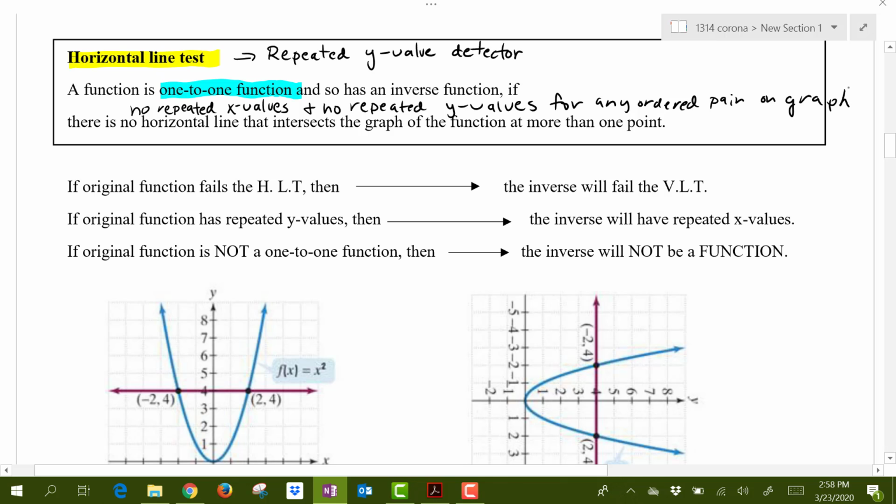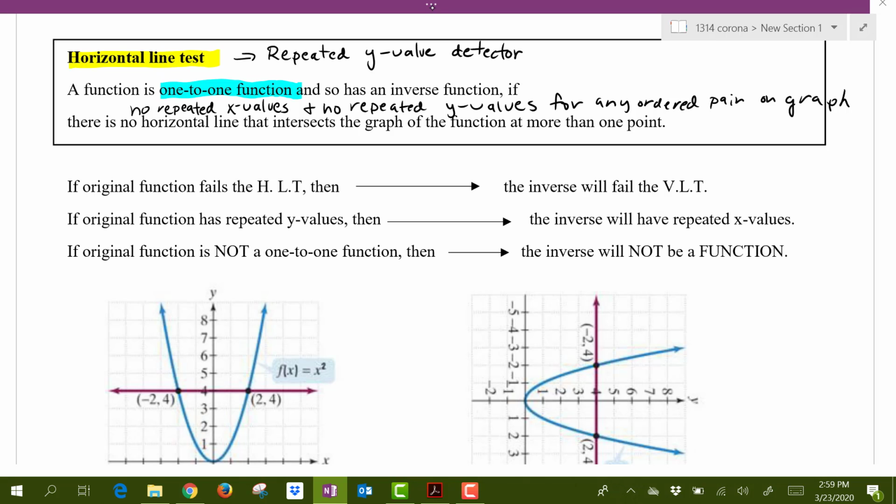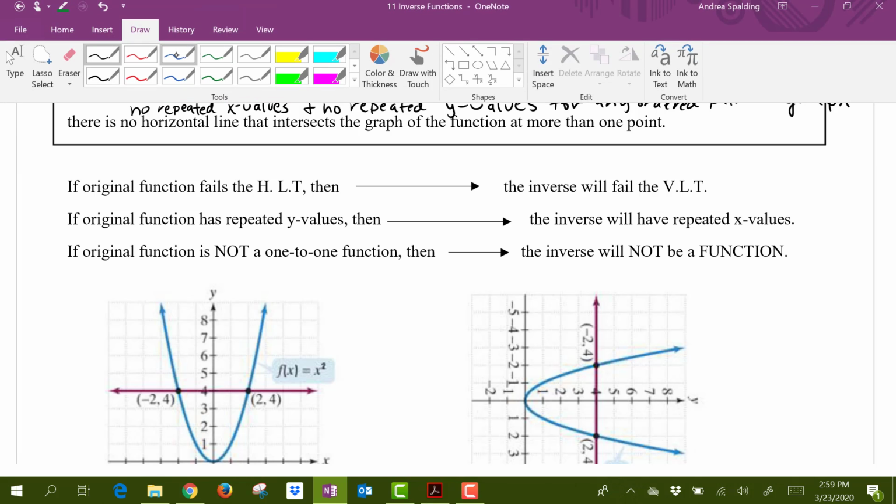So the graph is not allowed to have any repeated x's or any repeated y's in order for the graph to be one-to-one. We use the horizontal line test to look for repeated y's.